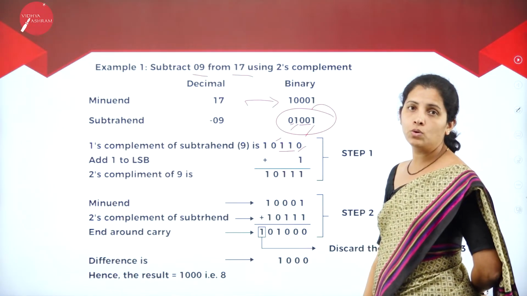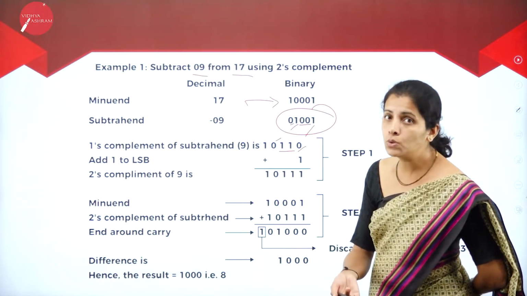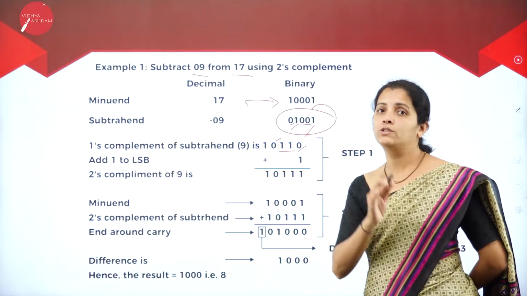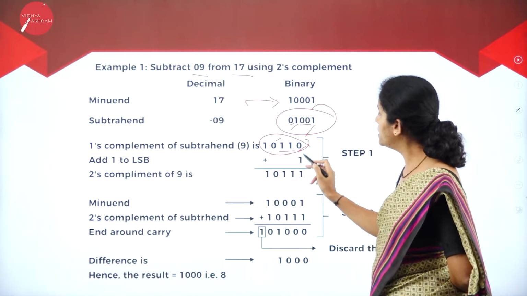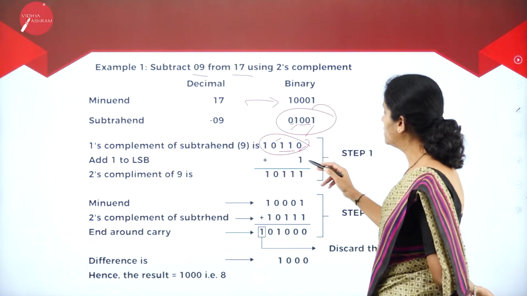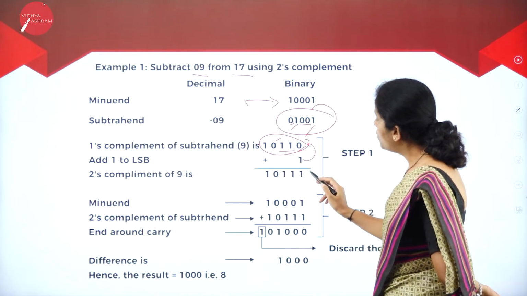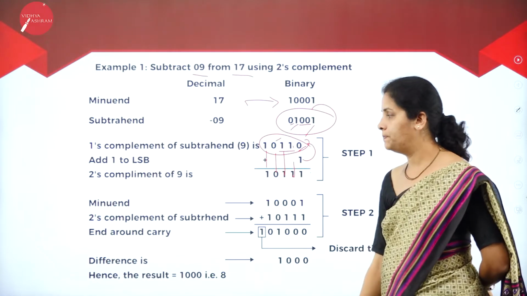Now what I want to do? I want to take the 2's complement. How am I going to take the 2's complement? That is nothing but 1's complement plus 1. So this is my 1's complement plus 1. Now I am going to add 1 plus 0, 1. So 1, 1, 0 and 1.